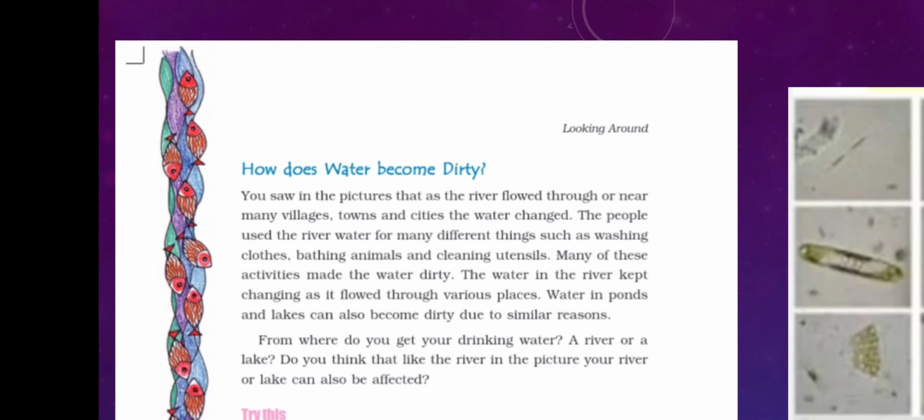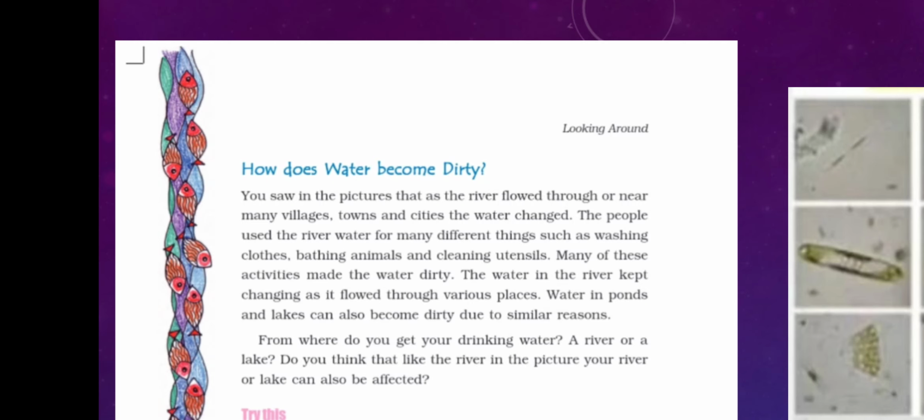You see in the picture that the river flowed through or near many villages, towns, and cities. The water changed. The people used the river water for many different things, such as washing clothes, bathing animals, and cleaning utensils. Many of these activities made the water dirty. So when a river passes through different regions, through many towns, villages, and nearby cities, what happens?